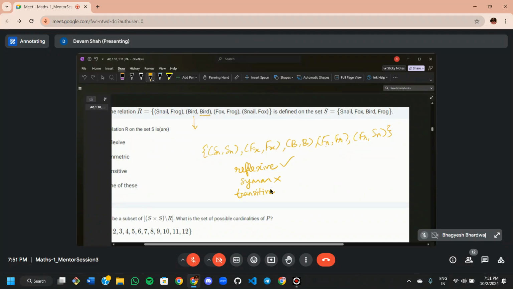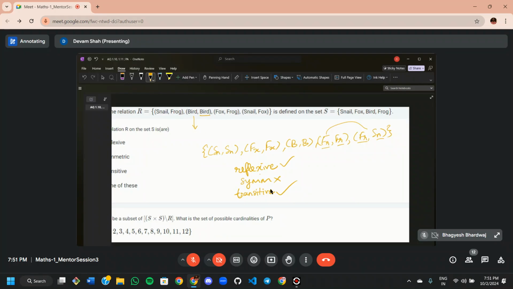Yes. So frog, frog, frog, snake, then frog, snail also is present. So it's already present. See, it's just transitive. So this thing you have checked manually. So for symmetric and transitive, you need to check every term.